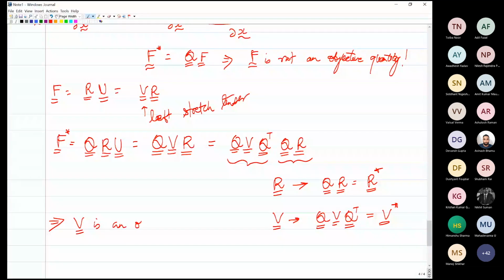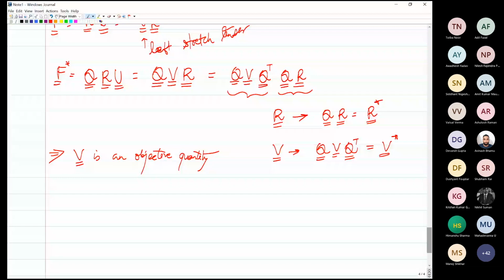Okay. Likewise, you can think of what about U or several other measures. What about sigma, for example? Can someone think of what sigma will be?